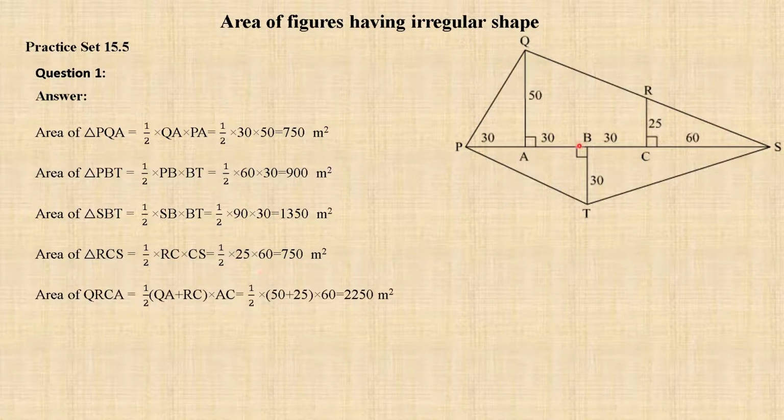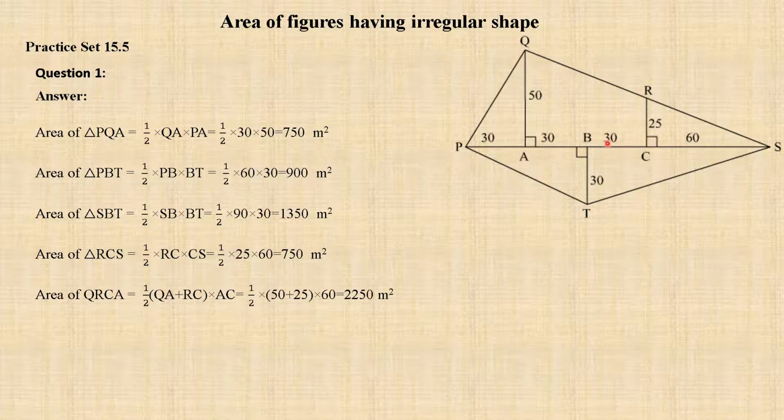Now we are left with this quadrilateral portion here, that is QACR or QRCA. So now this forms a trapezium. So here we'll use a formula for trapezium, that is half into sum of parallel sides into height. So that would be half into parallel sides, which are QA and RC, so QA plus RC into height.